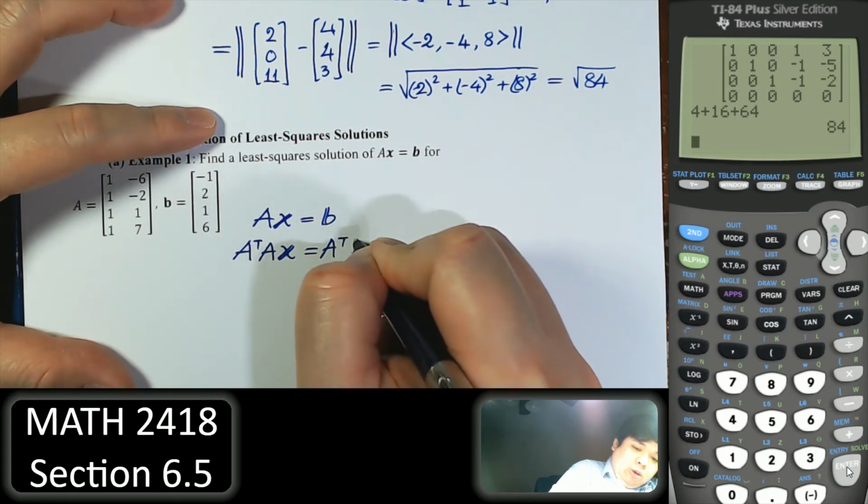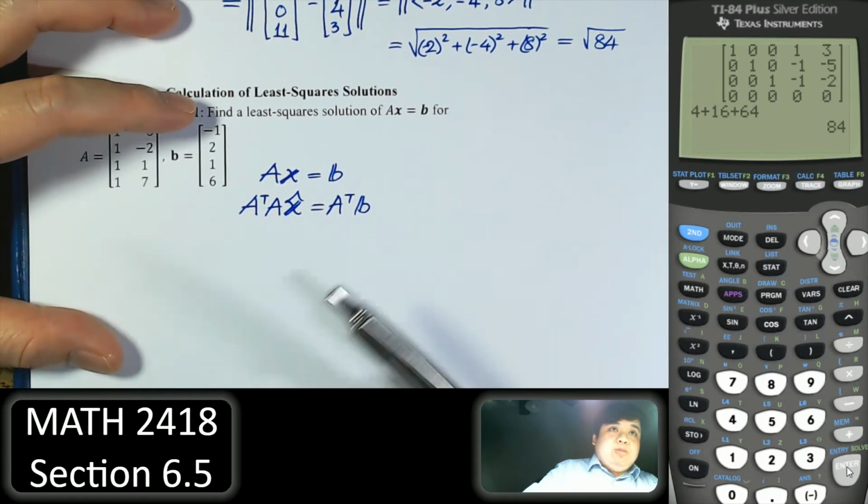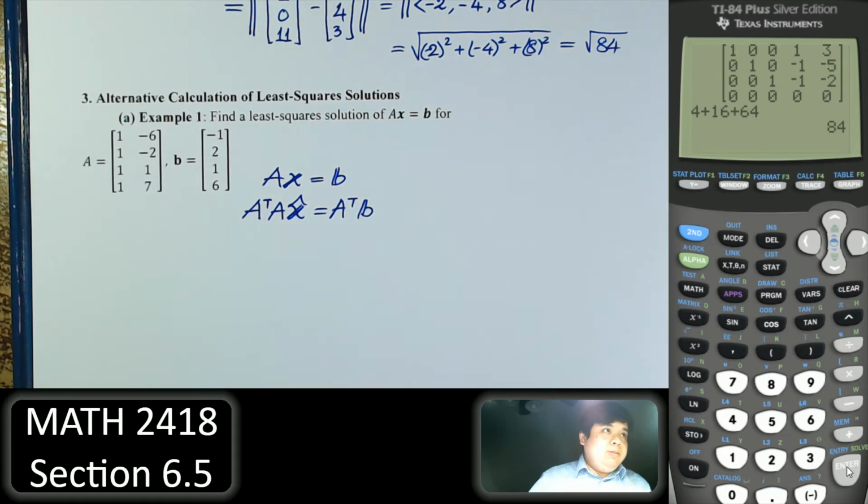We have the normal equation, but put a hat on it. So A transpose A. Four rows, 2 columns. 1, 1, 1.